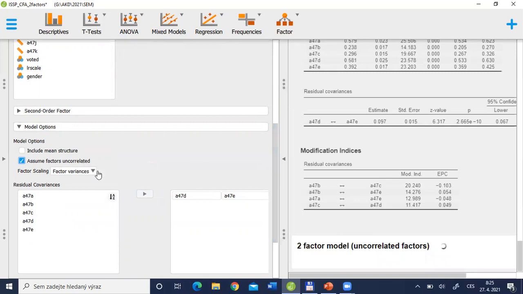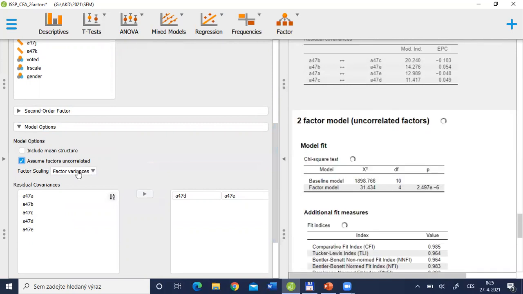And the next step I would also perform is to change factor scaling. Once again, this is fixing of scale for factors, and I would change it to marker variable style. So marker variable and assuming factors are uncorrelated at all. So that's the first small change for model options.